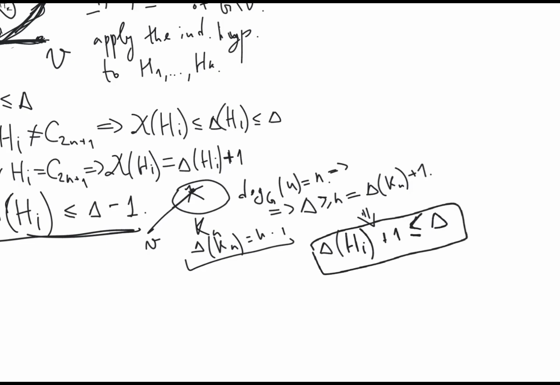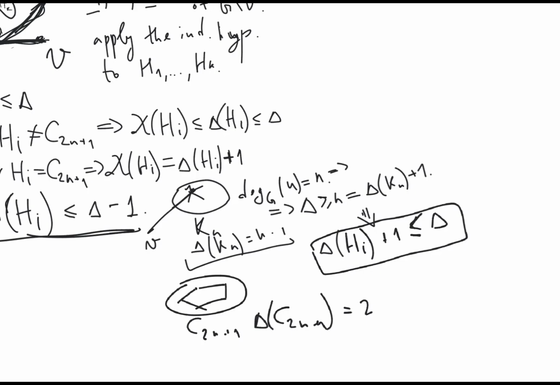And similarly for the case of C2n+1. Again, in this case, delta of C2n+1 is equal to 2. Then vertex V must be connected to some vertex in this cycle, denoted by U. This vertex U has degree at least 3.